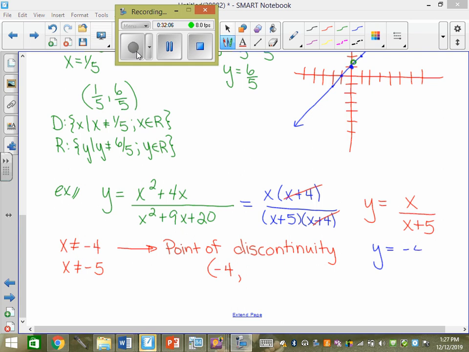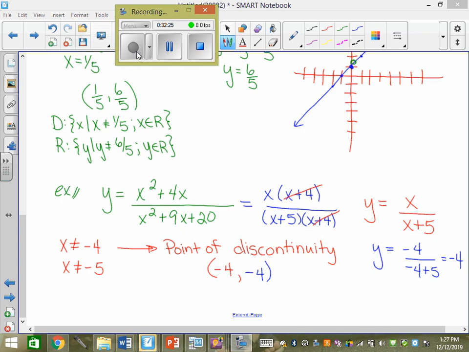Y equals -4 over -4 plus 5, which is -4. Oh, boom, we have an invariant point if it was an inverse graph too, which it's not. I just wanted to bring that back up, because if we flip them, they'd stay the same. But anyways, -4 is our point of discontinuity.